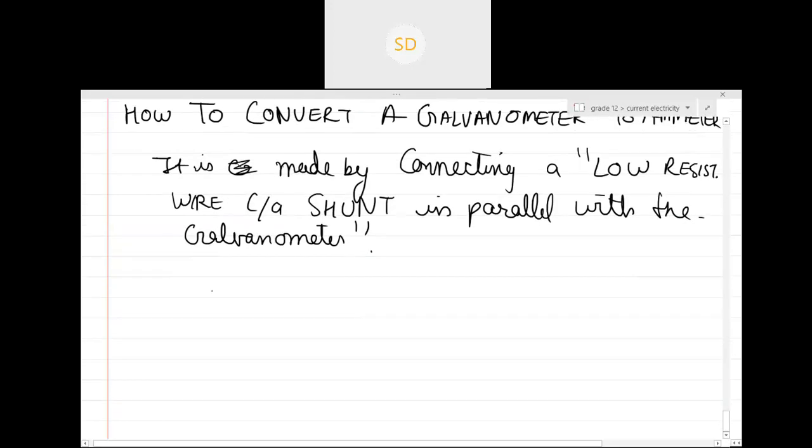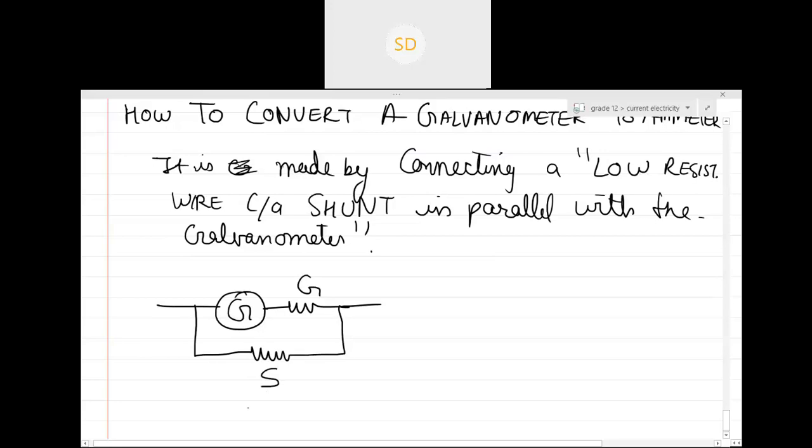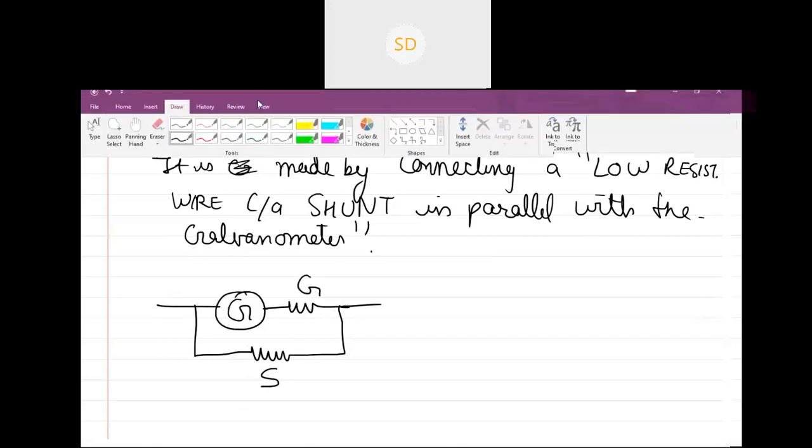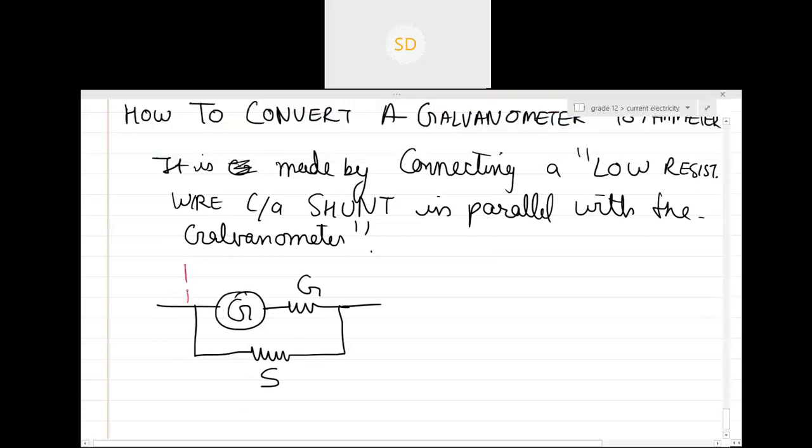Okay, so suppose this is your real galvanometer, so it will have a certain coil resistance as well. Yes or no? So basically, you connect a small resistance, which is known as a shunt wire, in parallel with the galvanometer. Can you see this? Once you connect it like this and wrap it in a box, this is your ammeter.